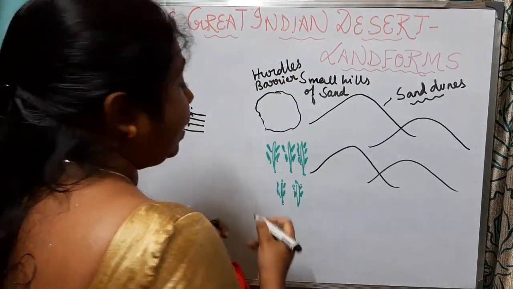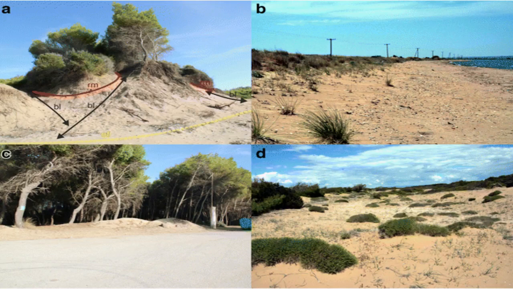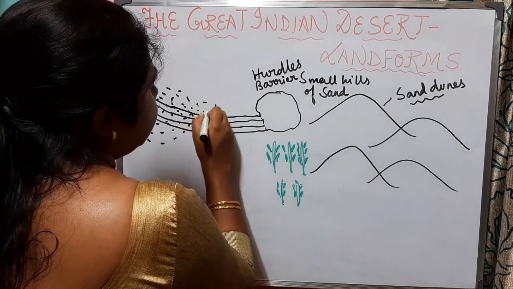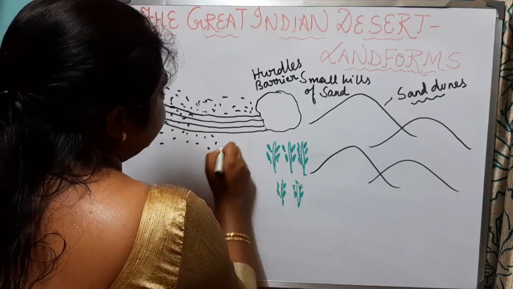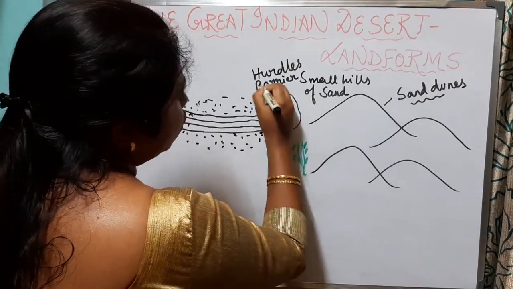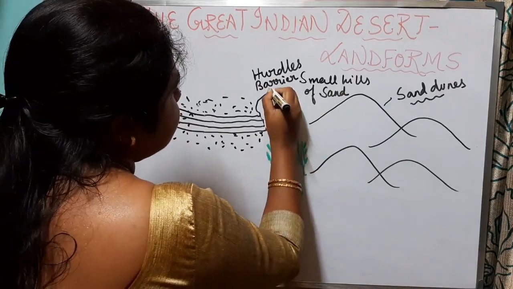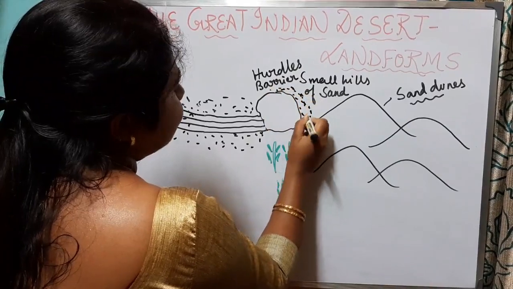They will block the sand-laden desert wind. Now the speed of the wind will reduce, and around this rock or vegetation the sand will get piled up.